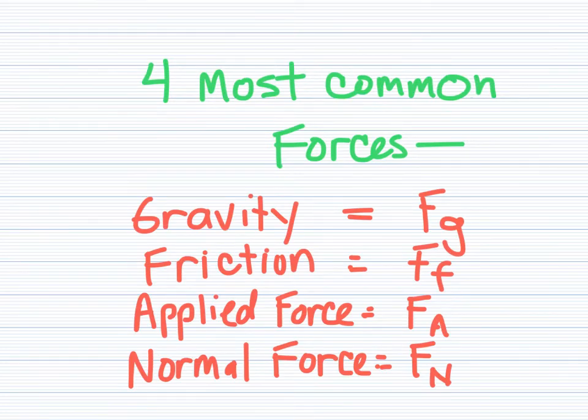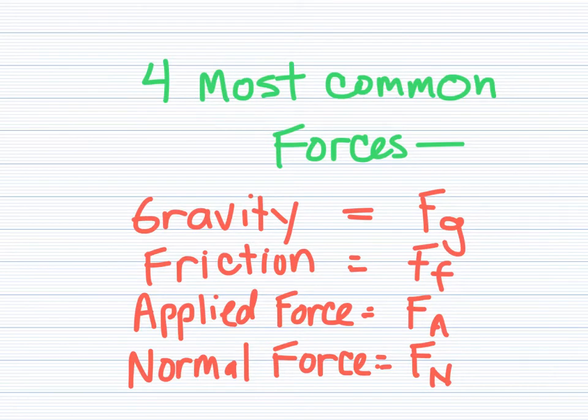Okay, here's a quick list of the four most common forces that we're going to talk about in this class anyways. First off is the force of gravity. We're all pretty familiar with gravity. We're not going to write gravity out all the time, so we're going to abbreviate it capital F, lowercase g. And then friction we're mostly familiar with. The force of friction is going to be capital F with the lowercase f.